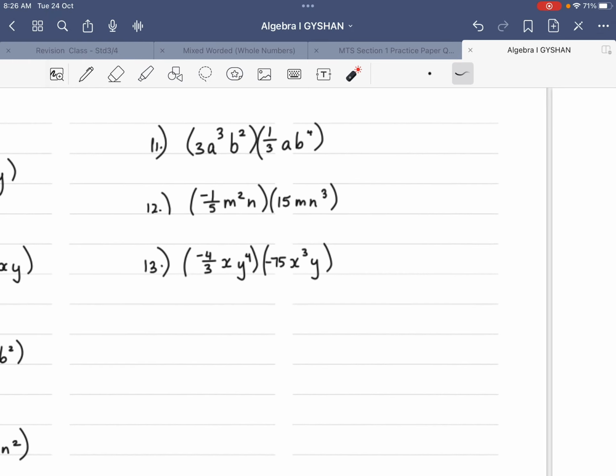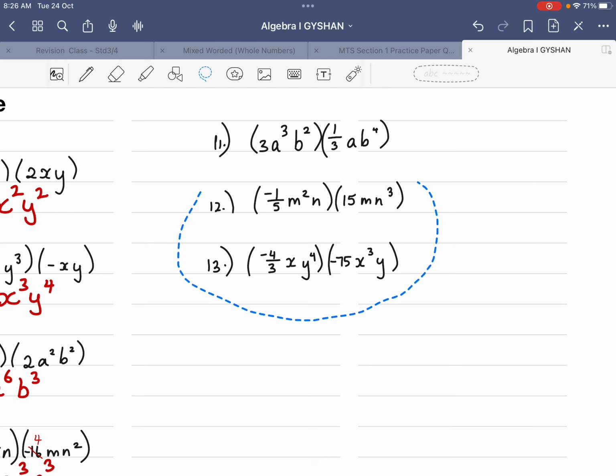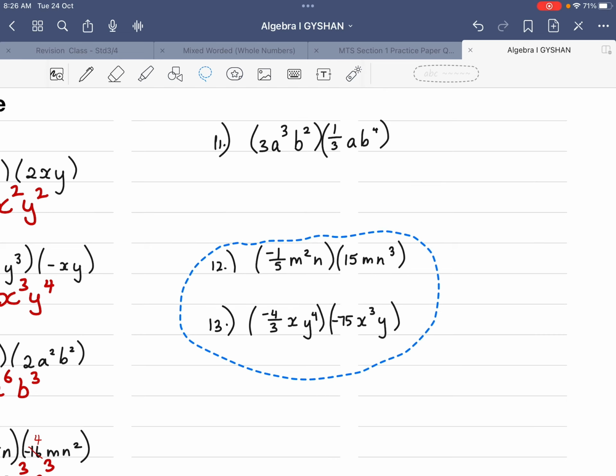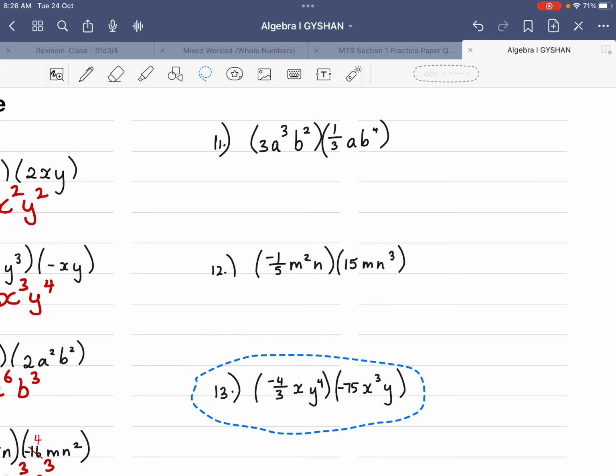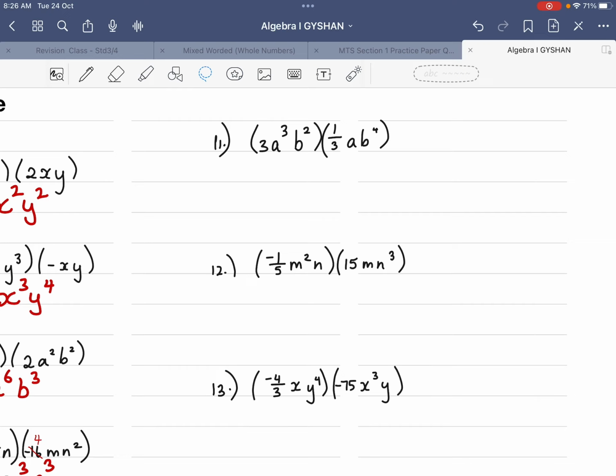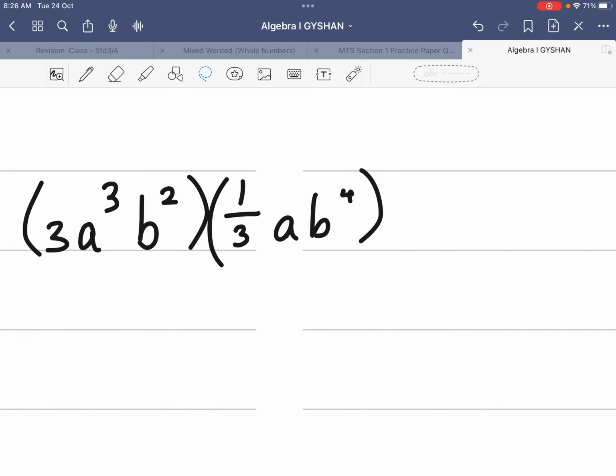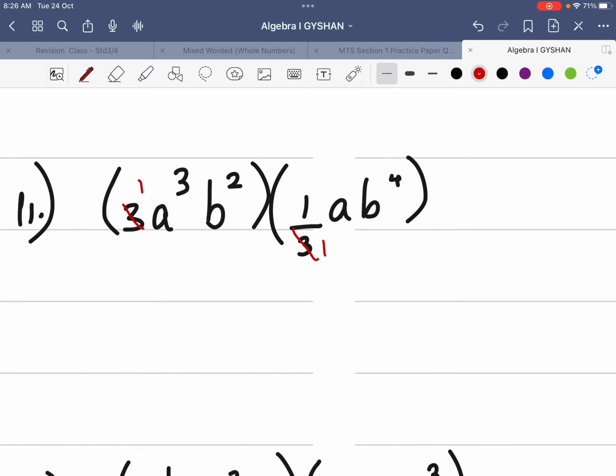Number 11. Three into 3 is 1. 3 into 3 is 1. So your answer is a cubed times a, which is a4.